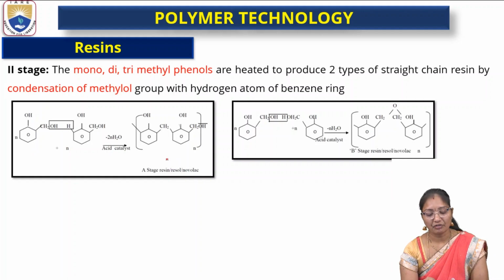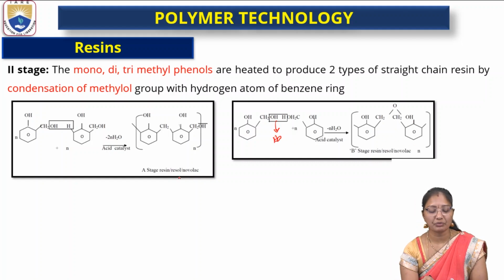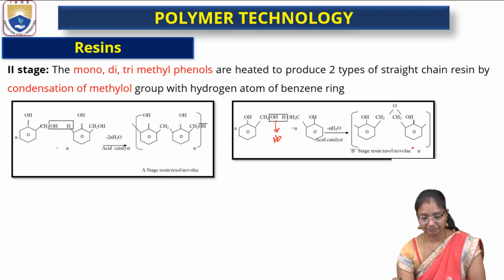The formed resol reacts with another molecule of formaldehyde, and an H2O molecule is eliminated. This again results in the formation of novolac. First formation is resol and next is novolac.